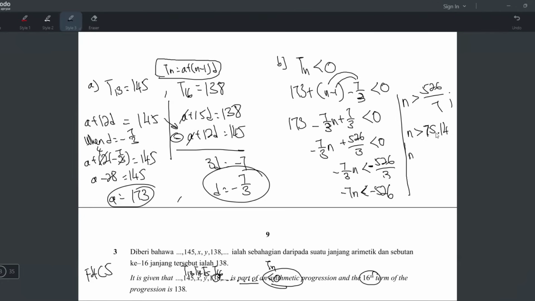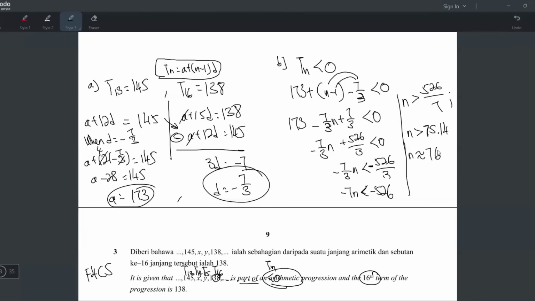But you don't round off to 75, you have to round off to 76. The reason is because you have to look at the symbol also. If you write 75, it is wrong, because your solution here is n has to be bigger than 75.14. Imagine if you write 75. Is 75 bigger than 75.14? No, right? Your 75 is not bigger than 75.14. So it has to be 76.